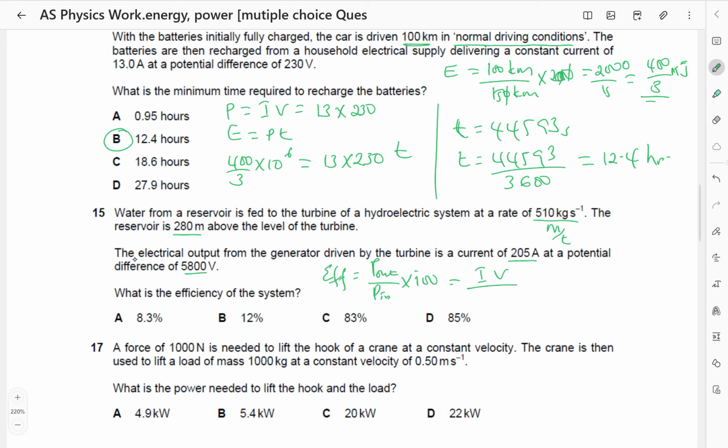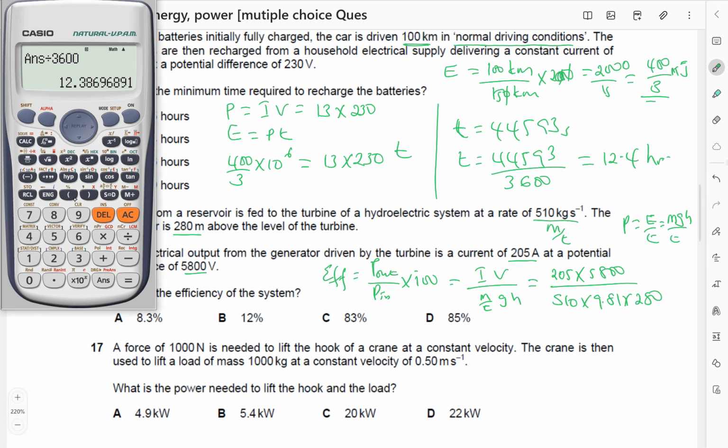So the input power is going to be equal to the energy divided by T, which is mgh divided by T, but we have m over T. So this is going to be mass per unit time, times g times h, the height to which the water is raised. So by simple substitution, this is going to be 2.05 times 5,800, then we divide this by mass per unit time, which is 510, times g, which is 9.81, then times the height, which is 280.